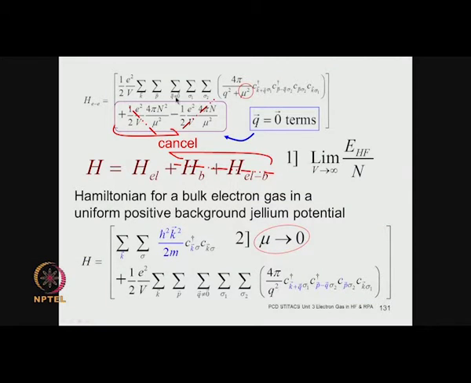And in this term for q not equal to 0, because you are now taking the limit mu going to 0, instead of q square plus mu square, you have only q square in the denominator, but this q is not a null vector, it will never be 0 in this term.